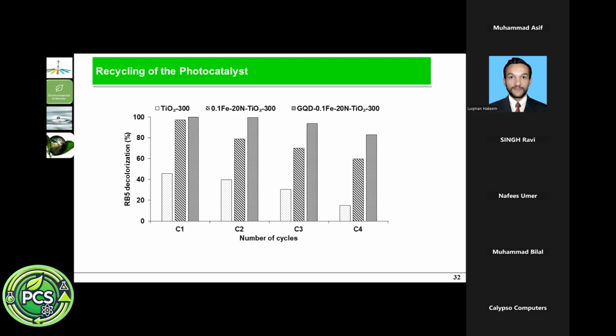That will be hectic to do in the lab. However, for experimental and understanding purposes, you can do that. But for field scale applications, you may go for robust parameters to monitor the color removal, like chemical oxygen demand.